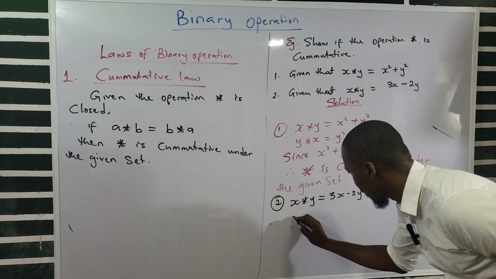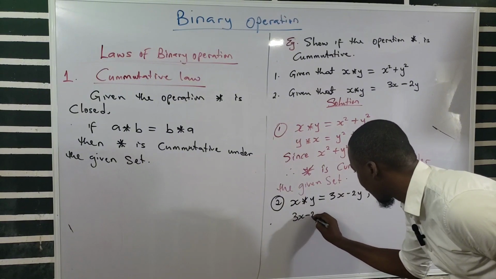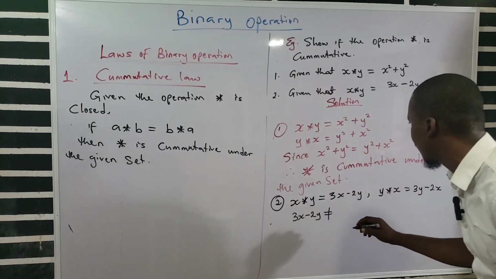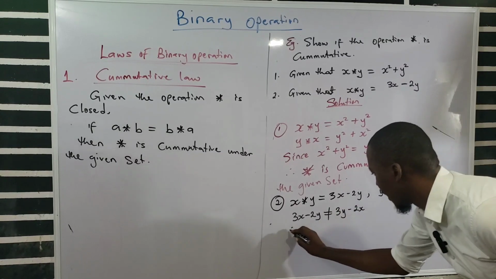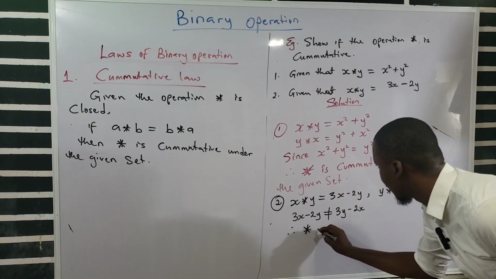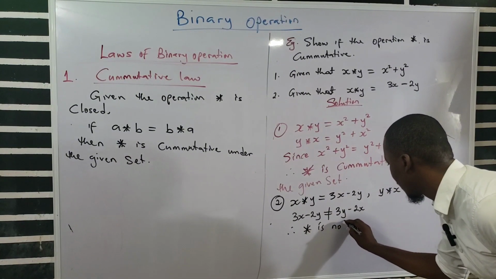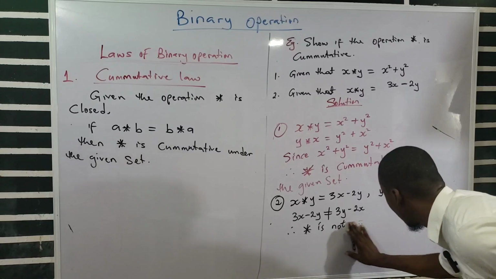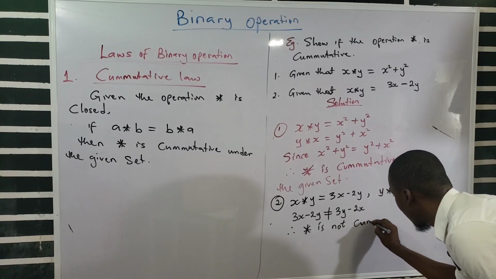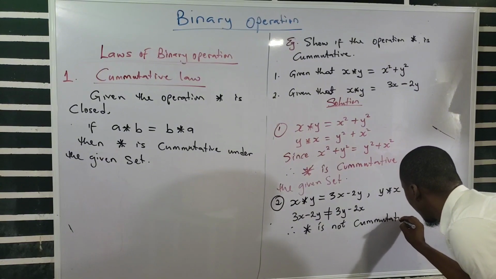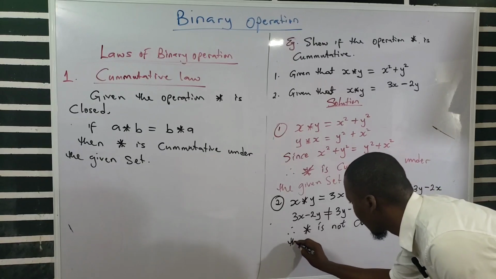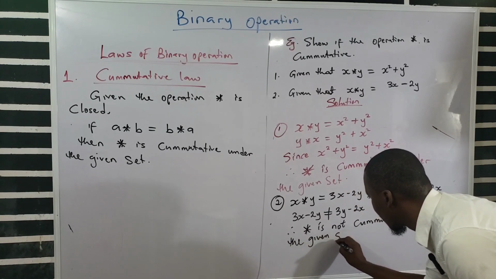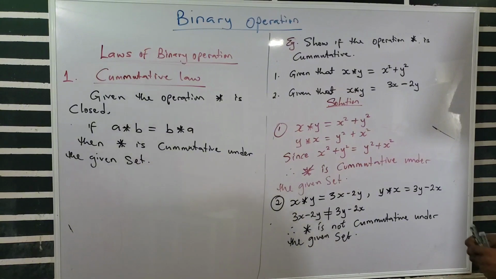I don't think so. 3x minus 2y is not equal to 3y minus 2x. Therefore, the operation is not commutative under the given set. So that's what we mean by commutative law under the given set.